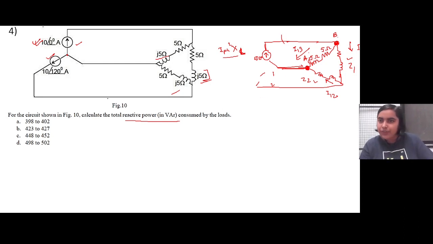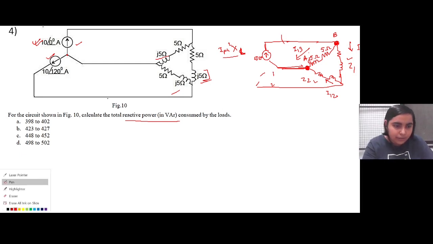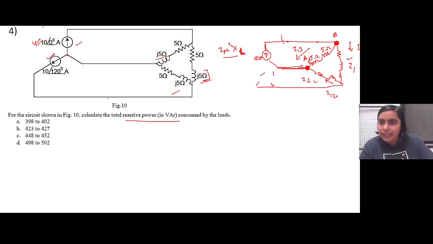So here, if you see, the current that is flowing here is also flowing through here because the rest of the circuit here is not connected. So basically I11 will be equal to I12, right?